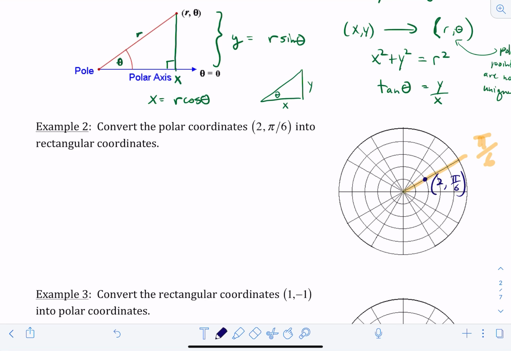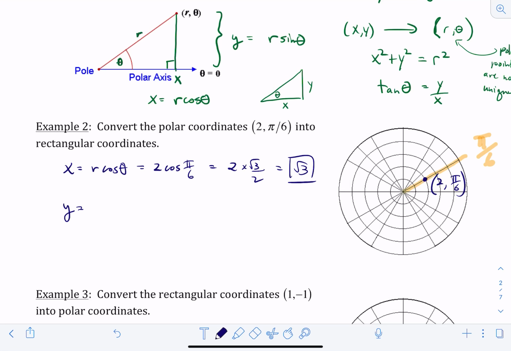Okay. So I'm going to use those conversion formulas. So I got x is equal to r cosine theta. That's equal to 2 times cosine of pi over 6. Cosine of pi over 6 is rad 3 over 2, so this will be 2 times rad 3 over 2. That's equal to rad 3. What's the y value?